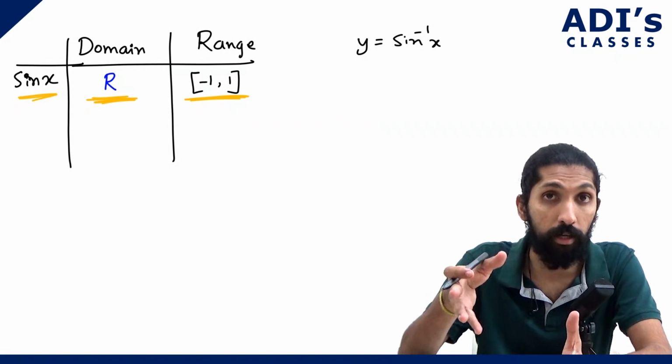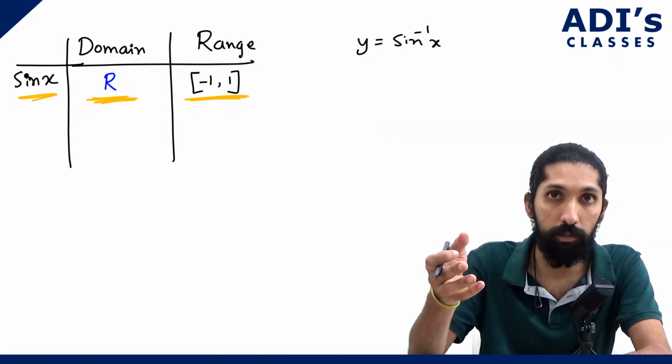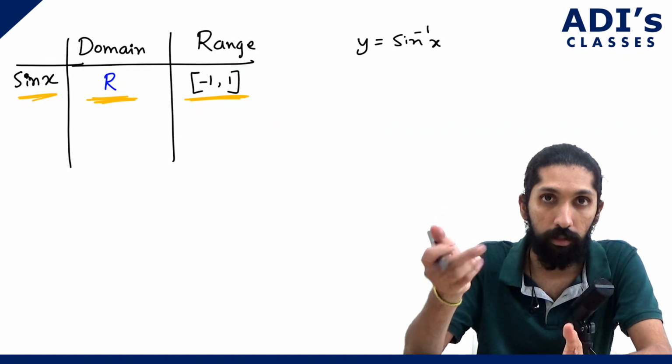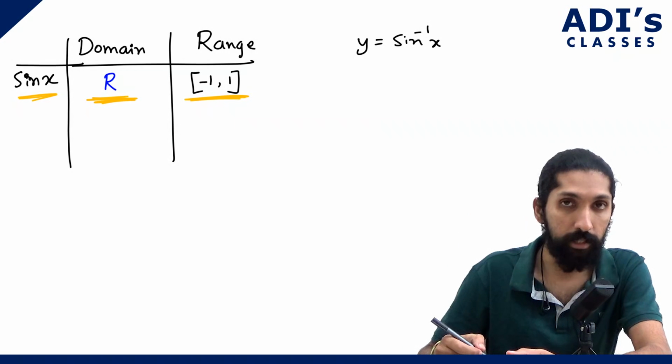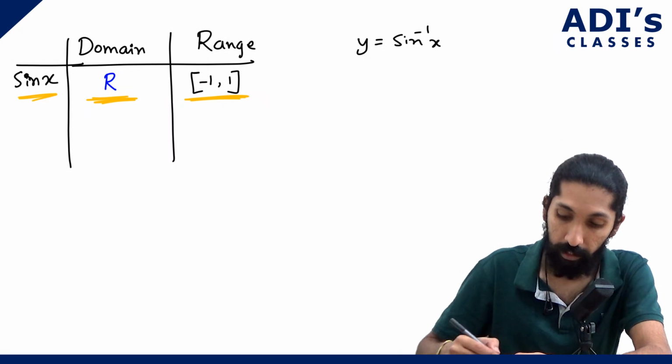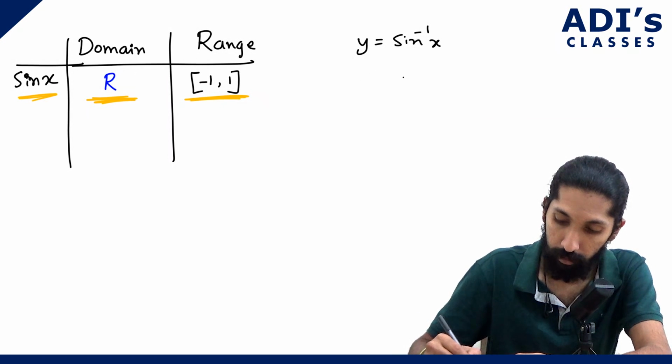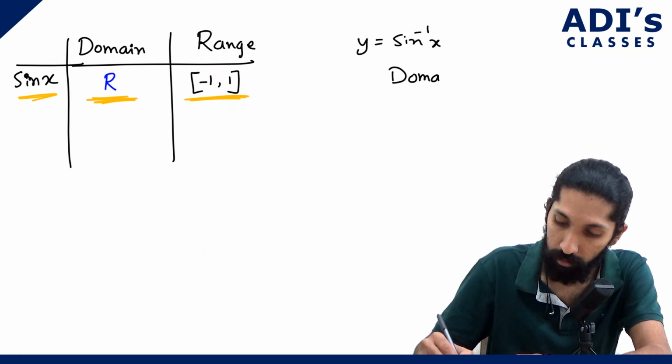Of course, it cannot be R, because when you say the set of real numbers, even 100 is included, and that is never possible. So when you take sine inverse of x, again we have a domain and a range for this function.